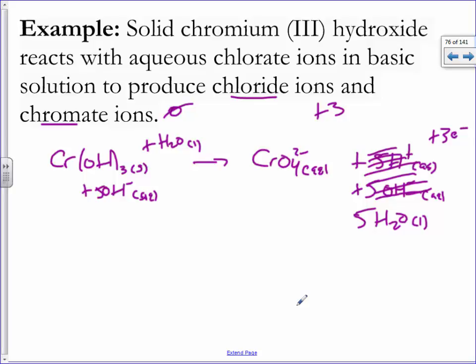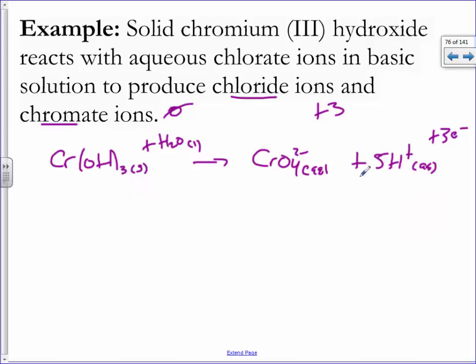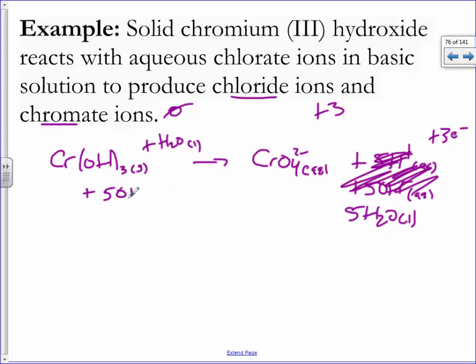I'm just going to undo that and show you one more time here. So at this step right here, mathematically, think of it as adding 5 hydroxides to this side. 5 hydroxides to this side will neutralize with your hydrogens and make you 5 waters. But just don't forget to add those 5 hydroxides over on this side then.